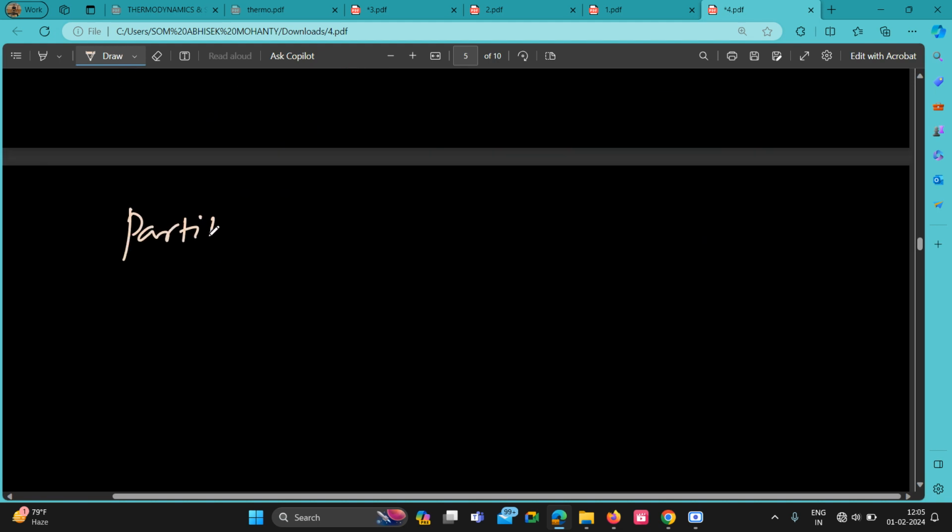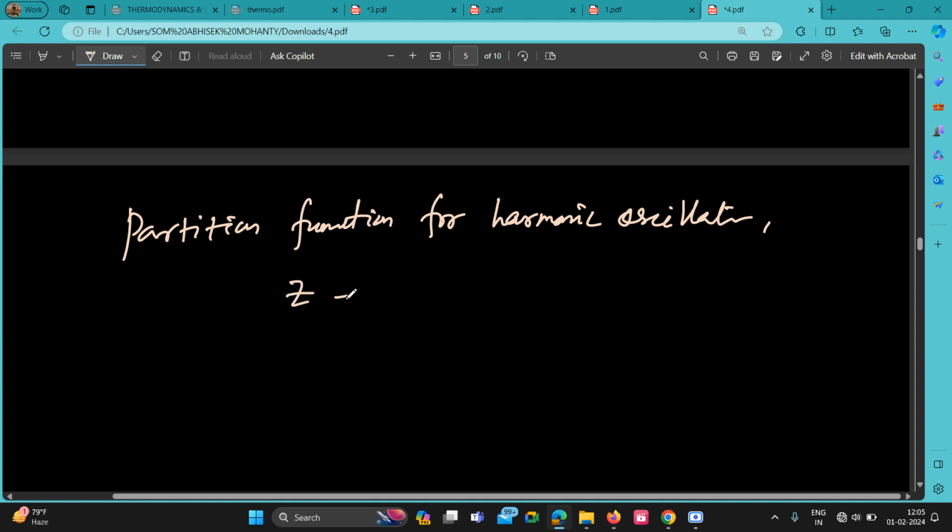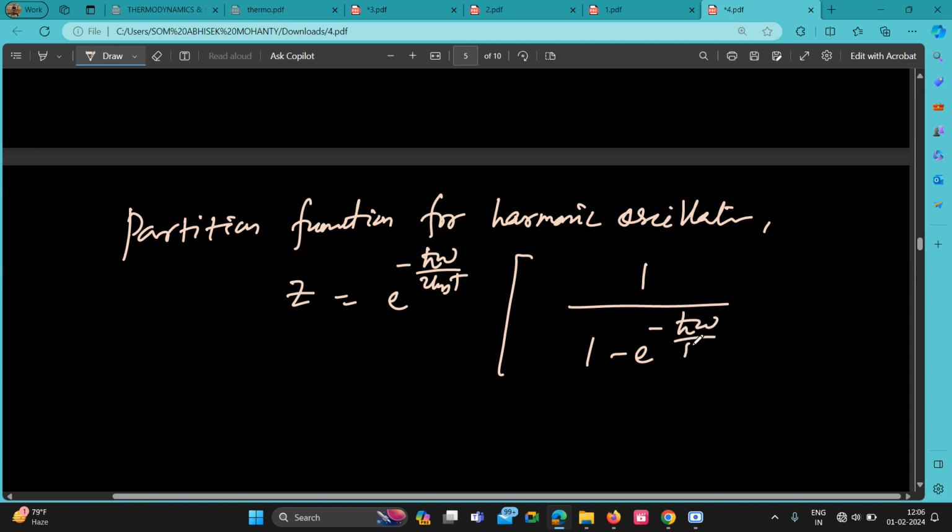Partition function for harmonic oscillator is Z equal to e to the power minus h bar omega by 2 kBT, times 1 by (1 minus e to the power minus h bar omega by kBT).